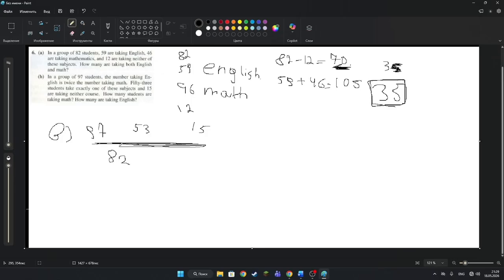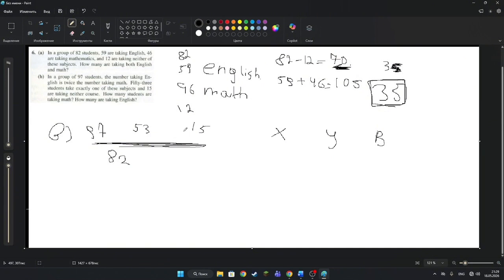Then let's take students who learn only English as X, students who learn only math as Y, and students who take both of these subjects as B.